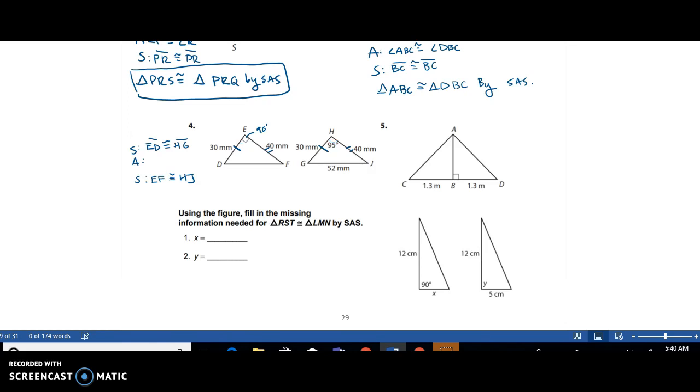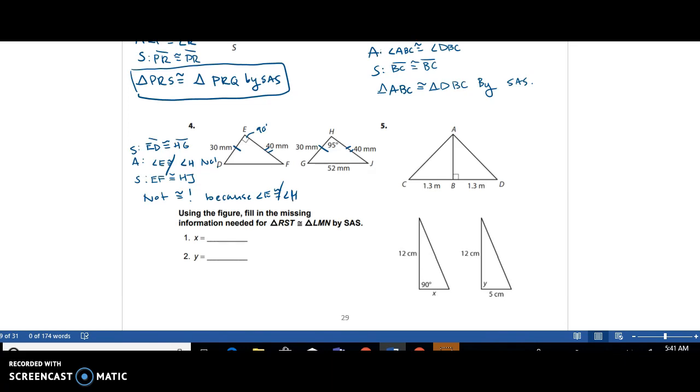So I'm going to say angle E is not congruent to angle H. No, so not congruent, because angle E is not congruent to angle H.